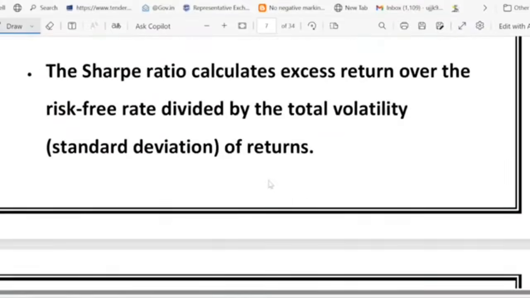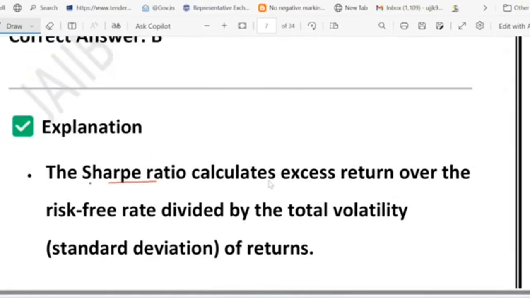So what we learned from this discussion is that the Sharpe ratio tells you how efficiently your investment gives return for the risk you are taking. It uses the risk-free rate, okay, as a baseline. It measures the total risk using the standard deviation. How do we calculate it?